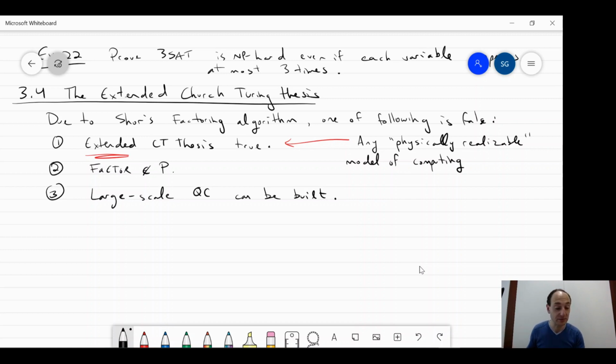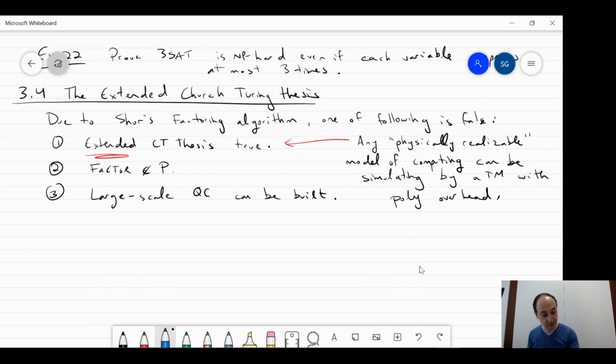We don't want to consider those types of models. We really want to consider computing models which can be physically realized using the laws of nature. So that's why we have this precondition. So any physically realizable model of computing can be simulated by a Turing machine with poly overhead.